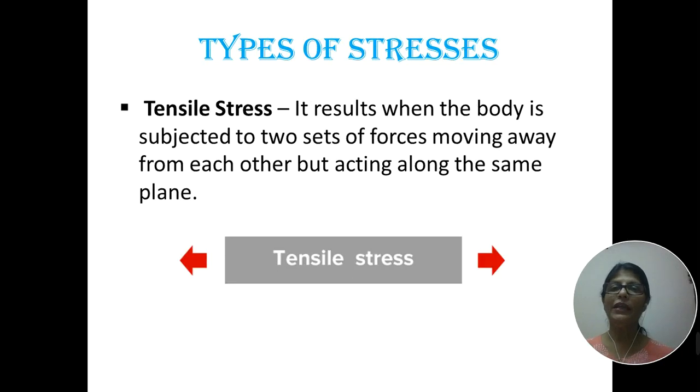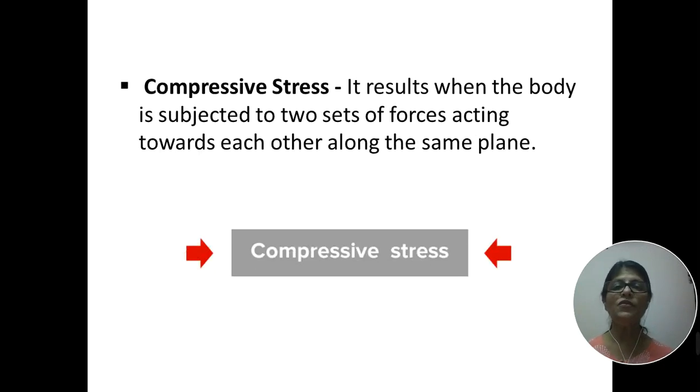That is tensile stress. That is again when you are stretching something, the inside resistance that is created is called tensile stress. It results when the body is subjected to two sets of forces moving away from each other but acting along the same plane. Second is compressive stress. It results when the body is subjected to two sets of forces acting towards each other along the same plane.